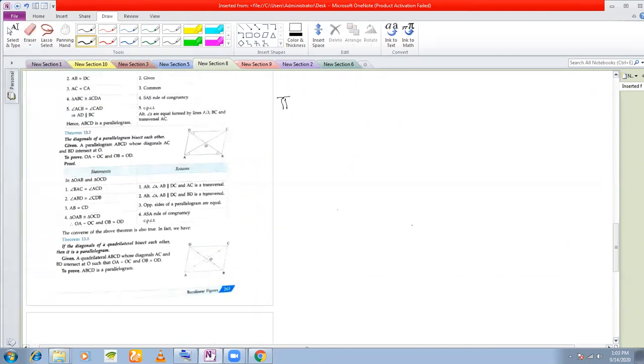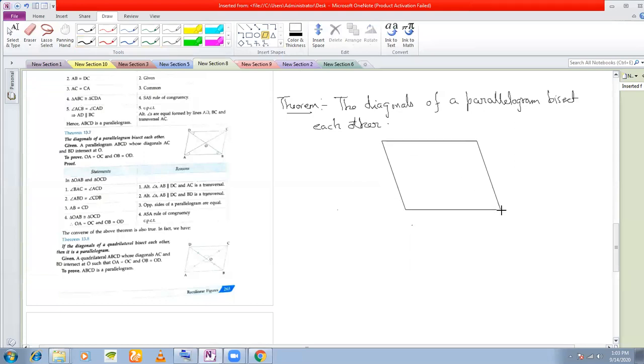Theorem. The diagonals of a parallelogram bisect each other. Okay, you draw a parallelogram. Join the diagonals.